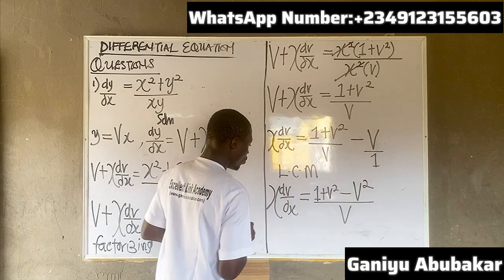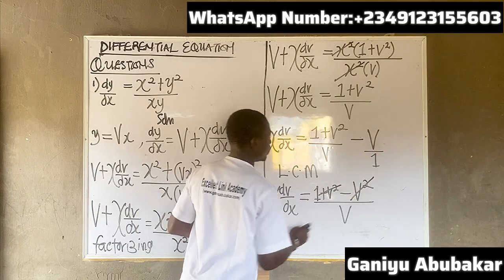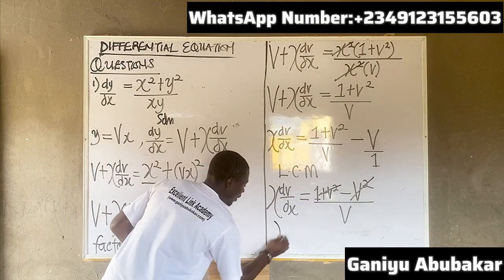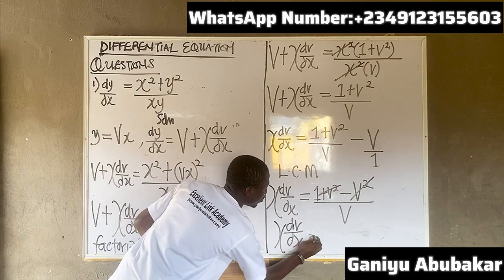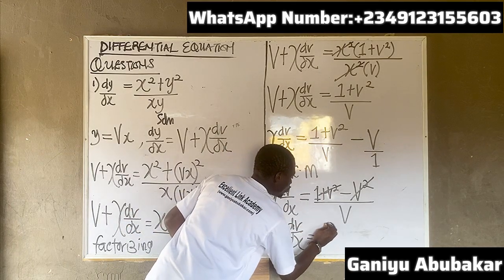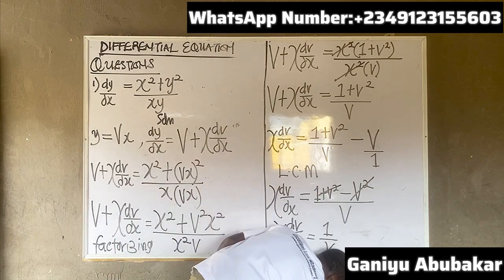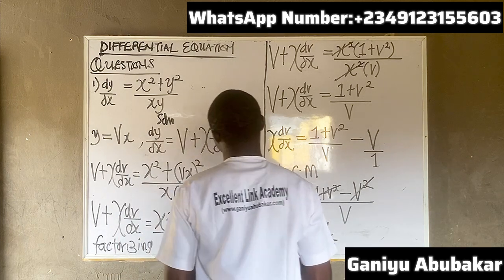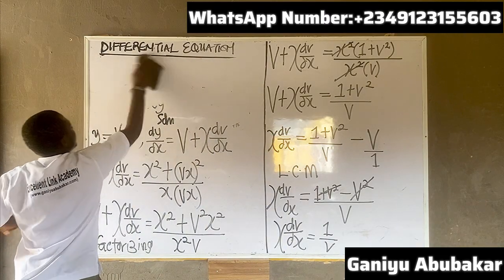All right, obviously plus v squared will cancel minus v squared. I have x dv/dx is equal to just 1 over v left. Let's proceed.